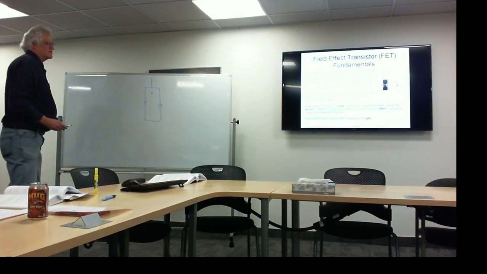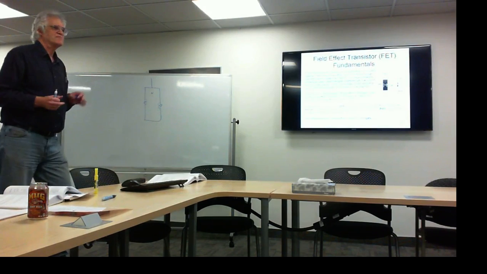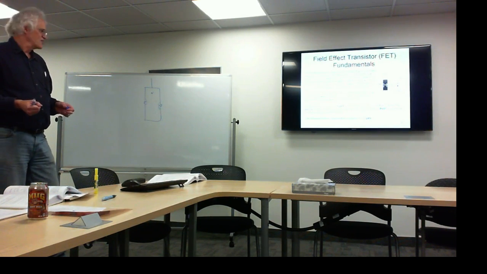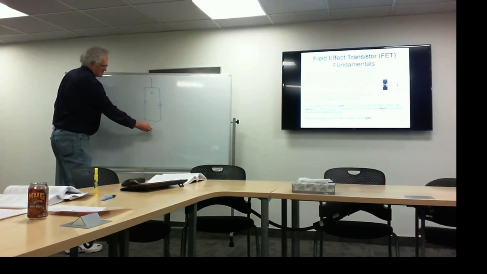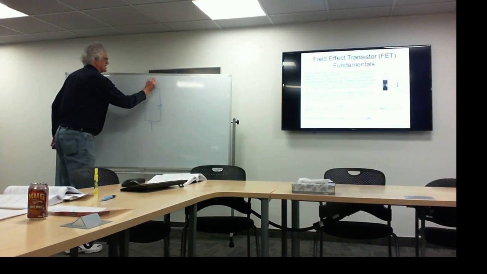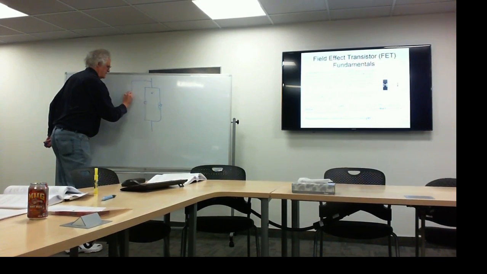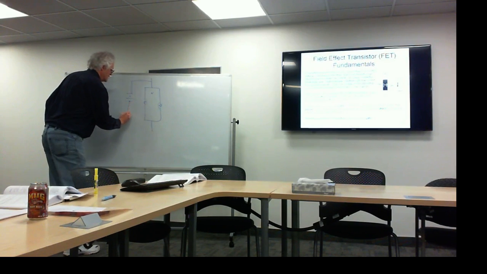So remember, in our bipolar transistor, we had to apply a bias voltage to the base to make it conduct. In our field effect transistor, since we don't have a PN junction here, there's nothing. We actually conduct current. If we put, in this case, so actually apply a bias.